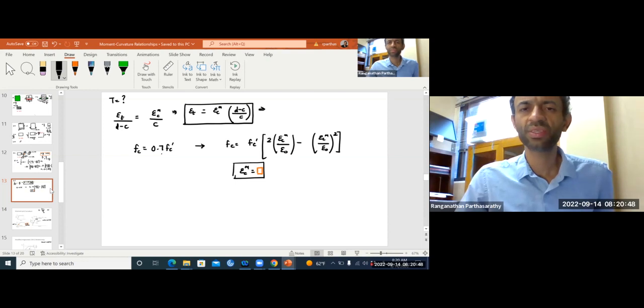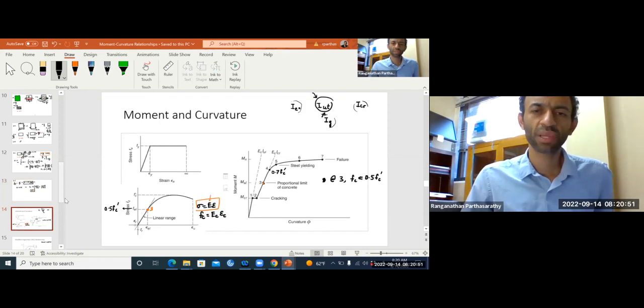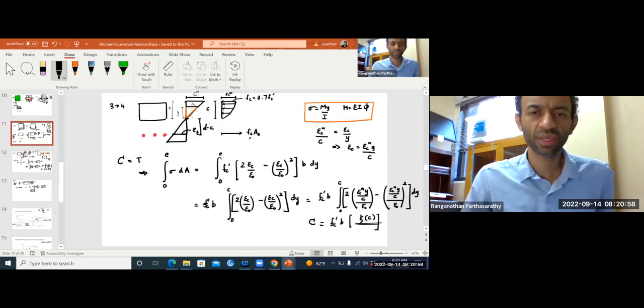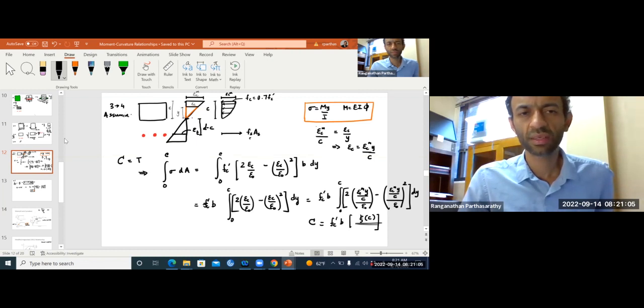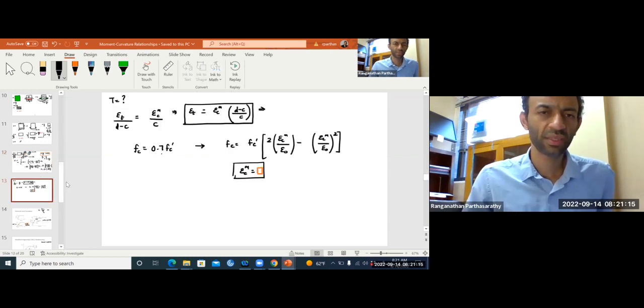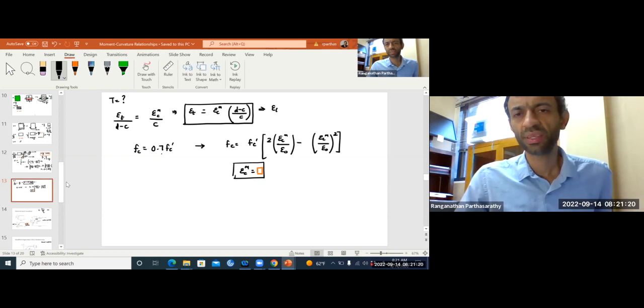Now remember, up to this point, steel has not yet yielded at 4, right? So remember, for 3 to 4, we are assuming steel didn't yield. We will know that when we calculate epsilon T. You will get some value, right?